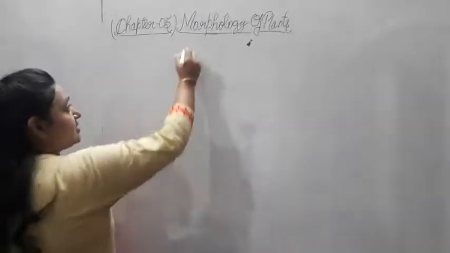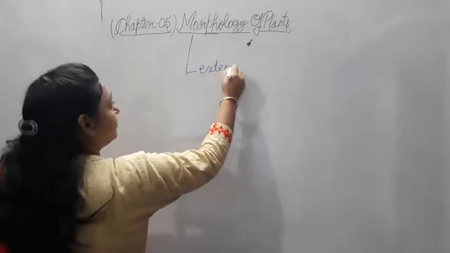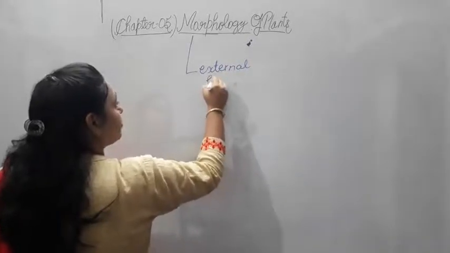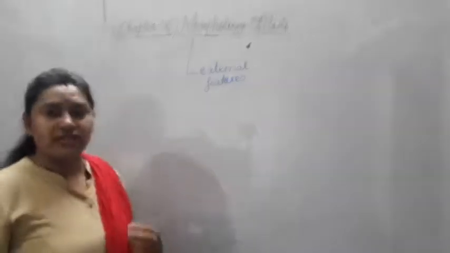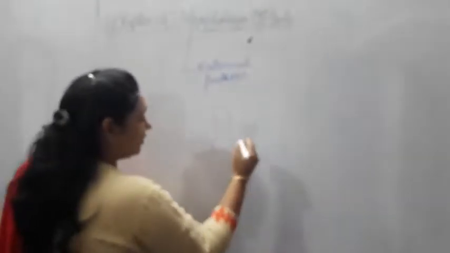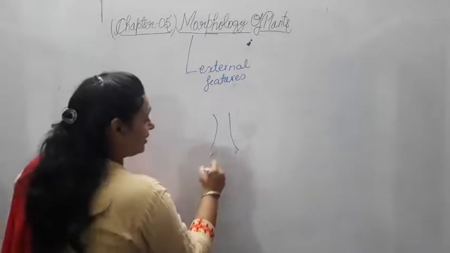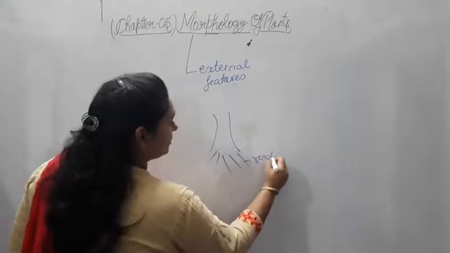Morphology means the external features, right? So externally, what all the things you can see in the plants. If you find out, you can see in the plant its root, right? Roots you can see.